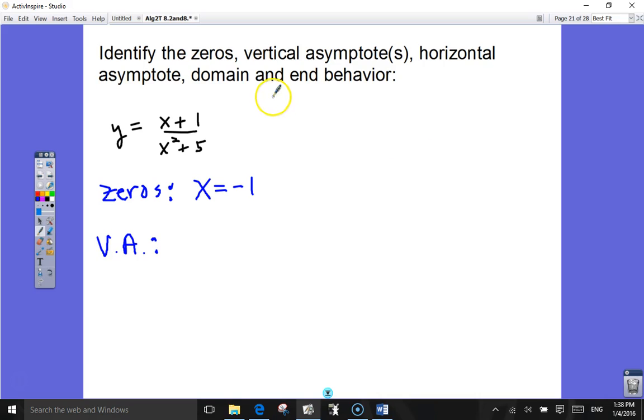If you have to, set it equal to 0 and solve. What kind of number do we get when we square root -5? It's non-real, which means it doesn't show up on our graph. There is none. So when there are no real zeros of the denominator, you have no vertical asymptotes.